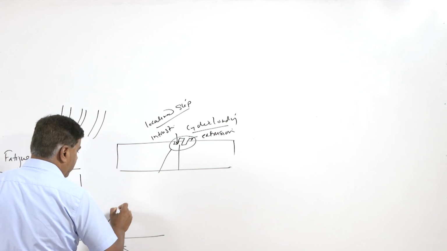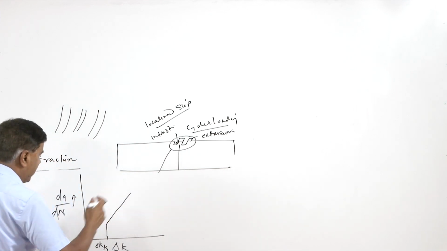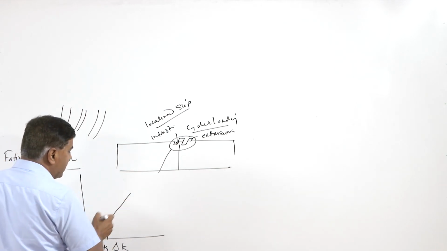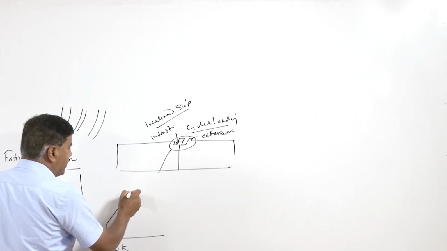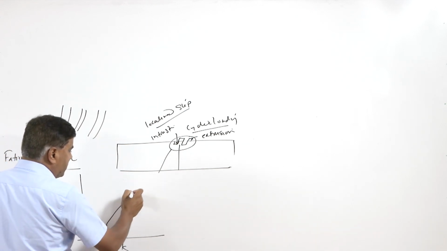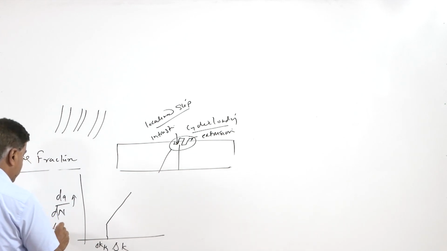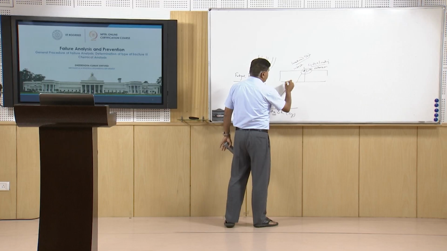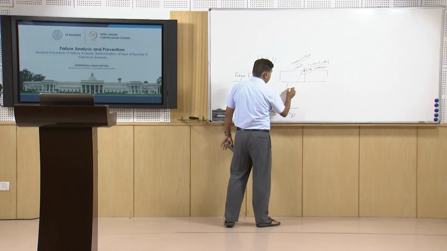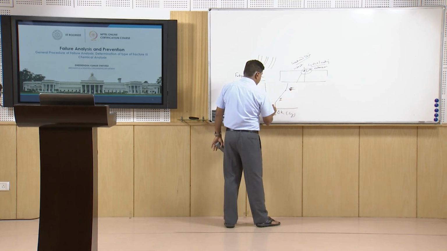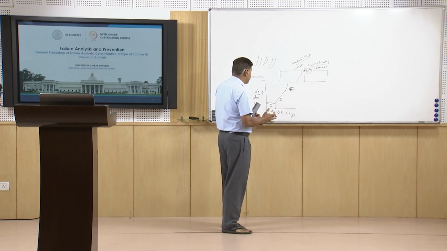And thereafter we have a diagram like this, where the crack growth rate increases with the increase of the stress intensity factor range at a fixed rate, so the rate will keep on increasing. So this relationship is linear, it's on a log scale, and thereafter it starts increasing. So this is the commencement of the third stage, this is the second stage, and this is zone 1 wherein the crack behaves as a non-propagating type.